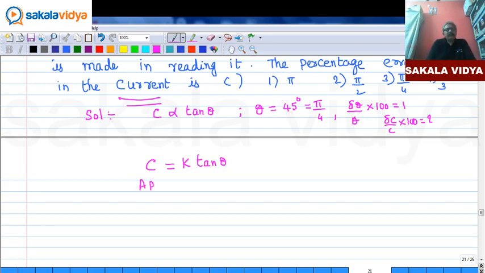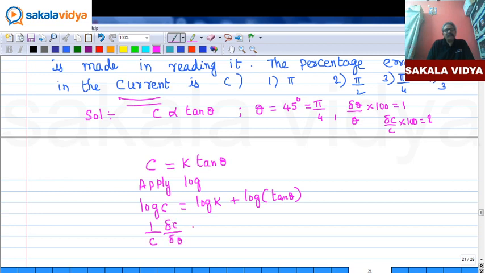So now we need to find out delta C by C. Apply log on both sides. So we get log C equals log K plus log tan theta. Am I correct now? So now differentiate with respect to theta. Log C differentiation is 1 by C, this is delta C by delta theta.